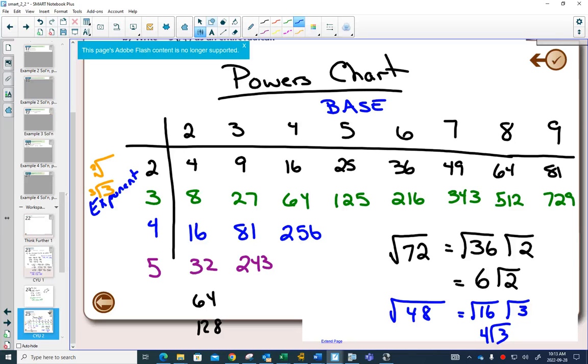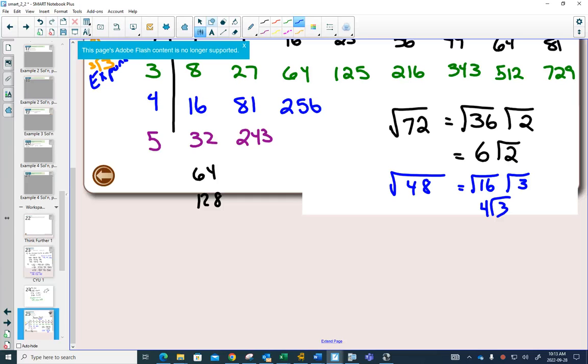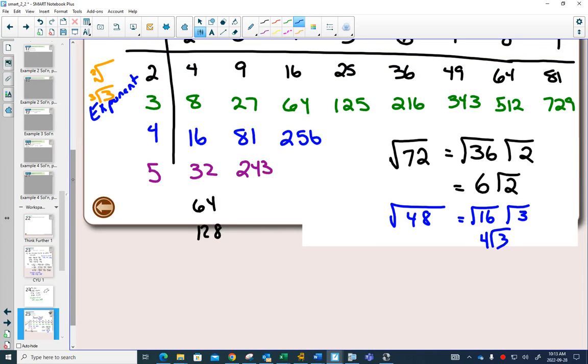But sometimes you don't see the biggest one, or you ask yourself, what happens if I accidentally missed 16? But I saw it was 4 times 12. So sometimes a student will start with the square root of 48, and they'll say, I noticed 4 works, and 4 is a perfect square, so it's part of the root 12 family. This isn't wrong, but it's not simplified completely yet. Because what can you do with 12?